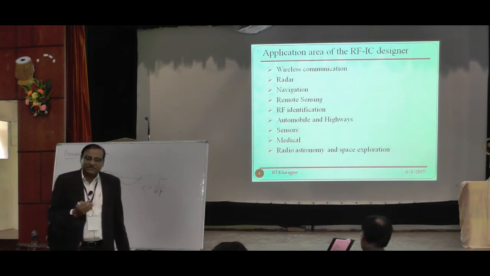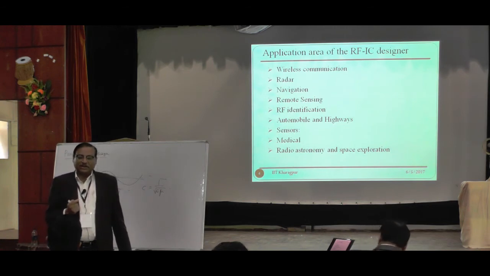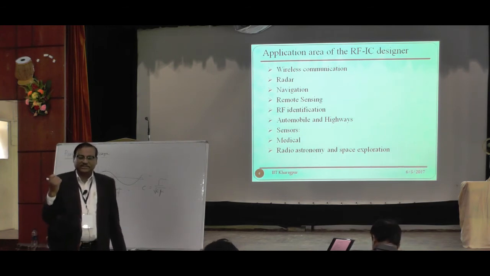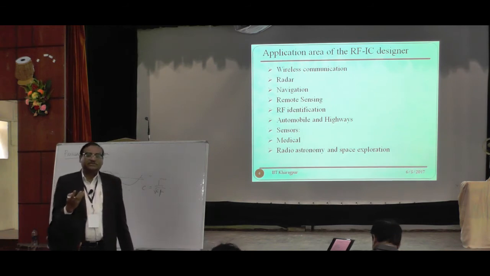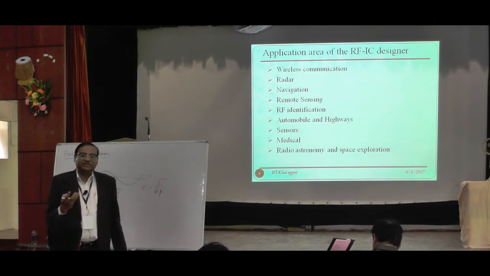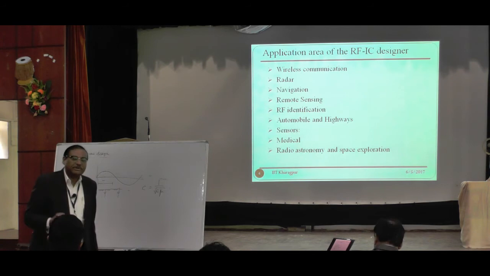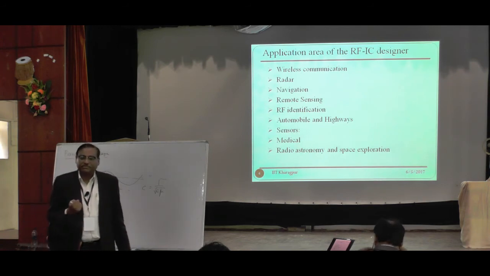At 100 megahertz to 1 gigahertz, the wavelength is 3 meters to 30 centimeters, and at 10 gigahertz it is 3 centimeters. What is the dielectric constant of silicon? It is 11.78. Make it 10. So 3 centimeters divided by 10 equals 3 millimeters.